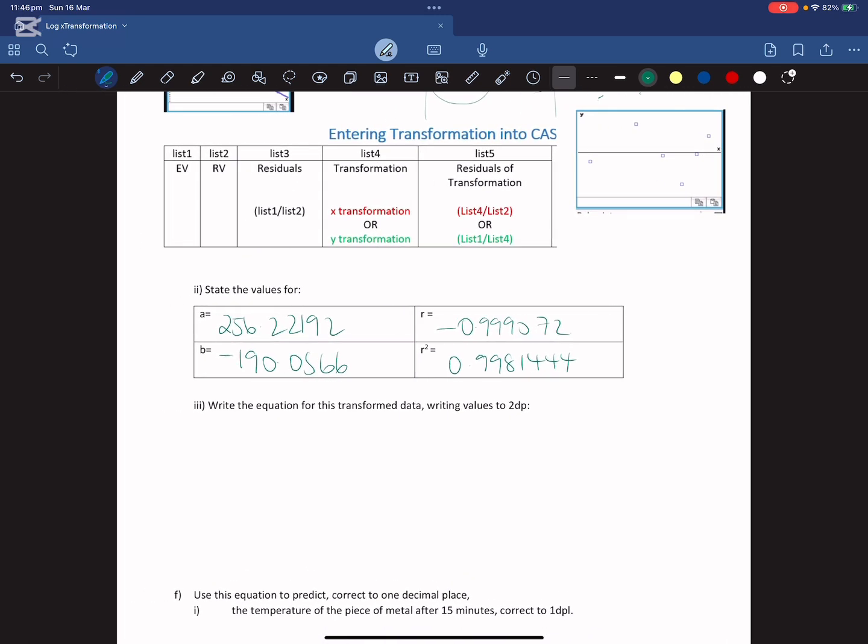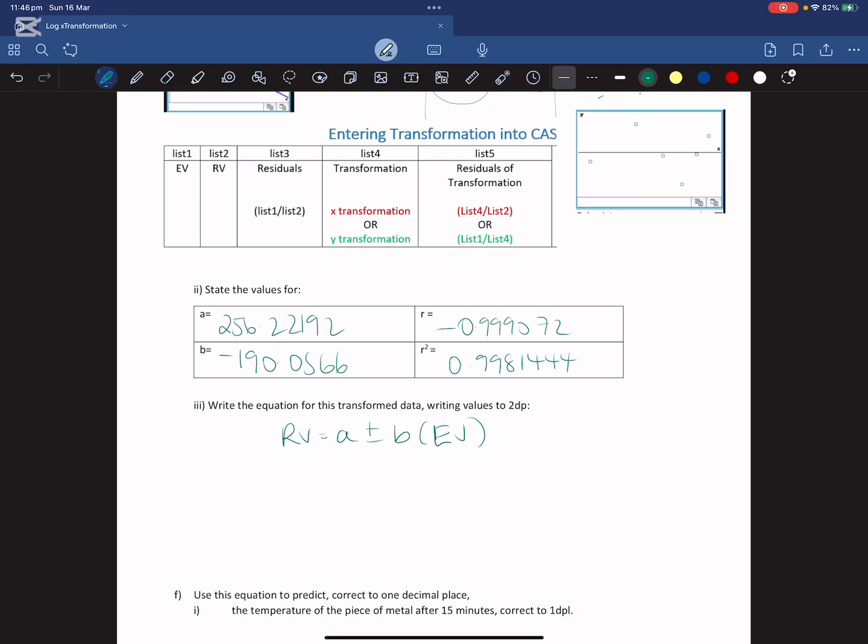Okay, write this equation for the transform data. So the basic equation for a least squares regression line is RV equals A plus or minus B times EV, right? Now with my students, I just get them to write this as many times as it helps them be able to do this properly.